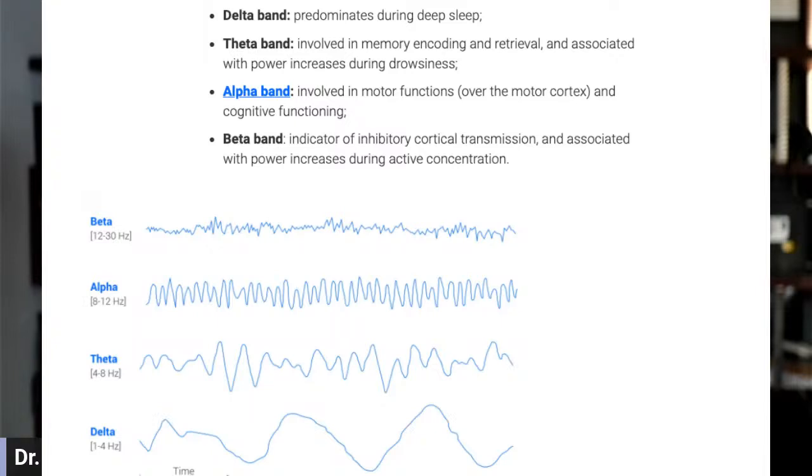If we have a disruption of this, perhaps that person has a sleep issue that maybe we can improve in different ways. If there's a challenge with the theta band, the next highest level, they may have issues with memory, or they may have increased drowsiness. The alpha band is what is traditionally present during normal function, and the beta may be associated with problems with concentration or increased cortical activity.